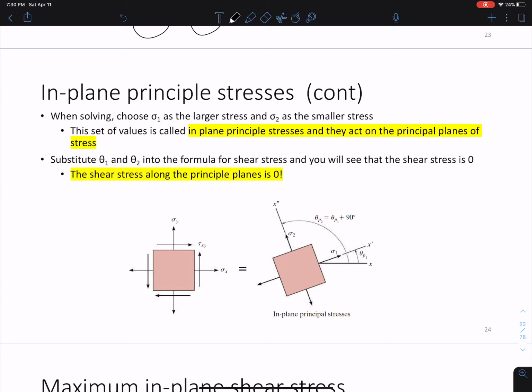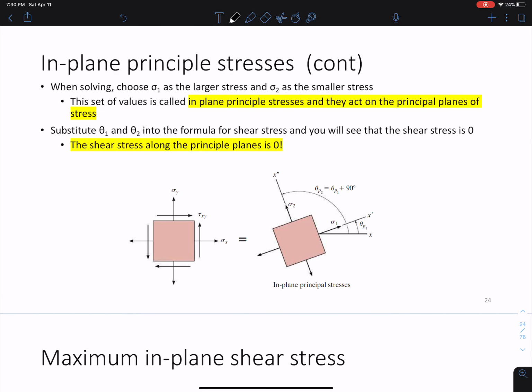The set of values we call the in-plane principal stresses, and they act on the principal planes of stress. So they act on the planes that cause the max and min stress to occur. Another cool thing is that on the plane where we have these special rotations that cause the max normal stresses, the shear stress along the principal planes is 0.